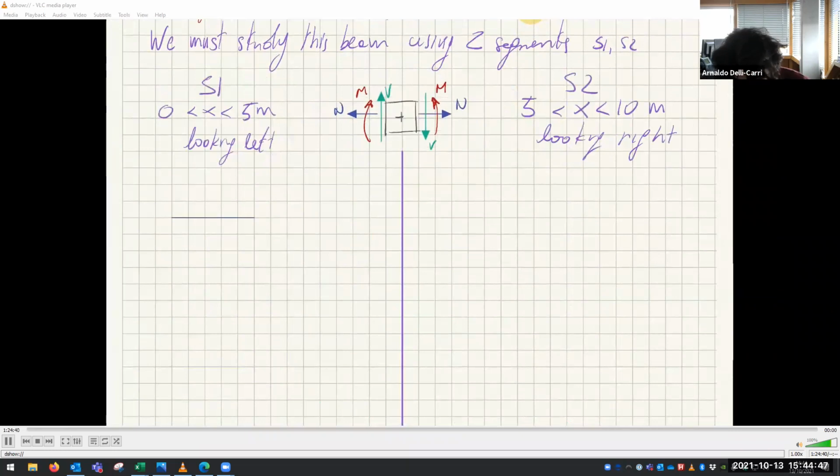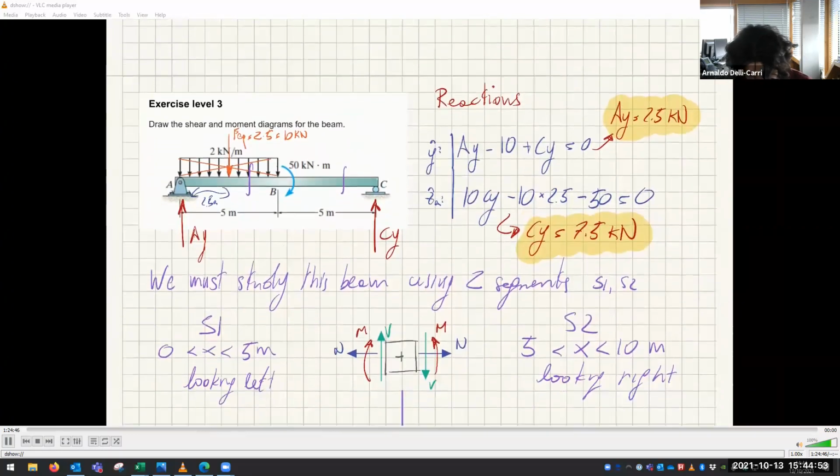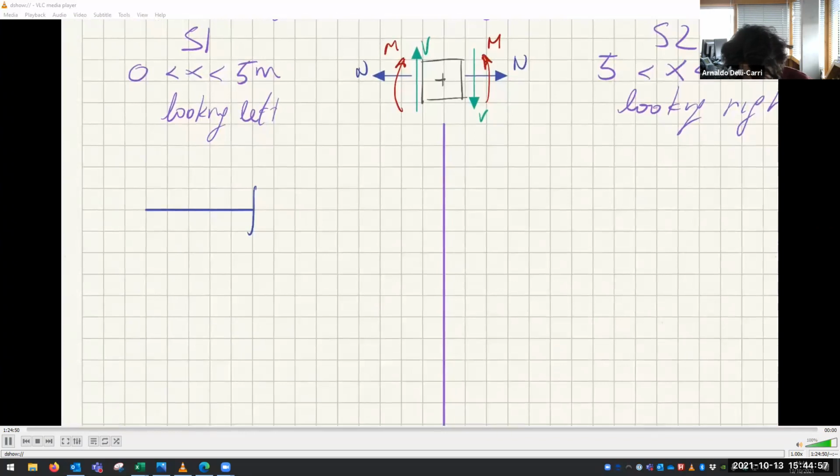I'm just drawing what is on the left of this cut. And on the left of this cut, there is a chunk of distributed load and the 2.5 kilonewton force. This is 2.5. There's this side. And on top, we have the chunk of distributed load, which is also cut.